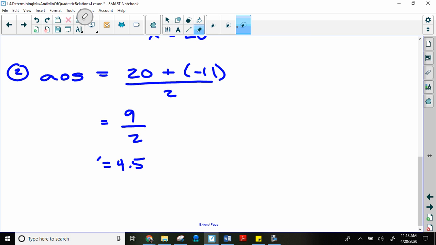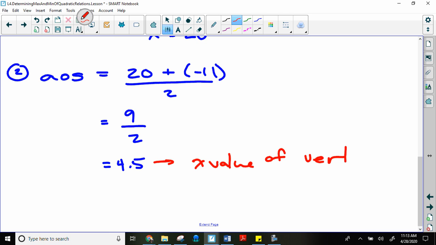Well, it is the x value of the axis of symmetry, but I was trying to do too many things at once. It's the x value of your vertex. It's when the vertex will happen.